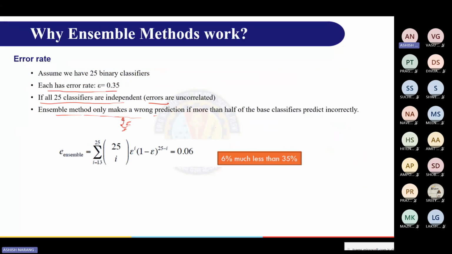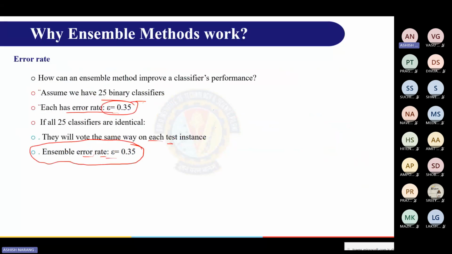So you look at this, epsilon raised to power i times 1 minus epsilon raised to power 25 minus i. Even if the error rate of an individual classifier is 35%, because they are independent, uncorrelated, and have diversity, they are making different kinds of mistakes, the ensemble is making 6% error out of 35%. That's the statistical result. If they do not have diversity, they make the same mistakes, and the ensemble will also make the same level of error.